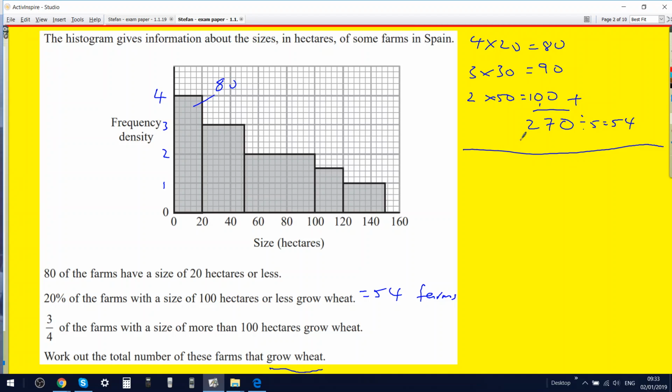And then with the size of 100 hectares. So do I now need to do the other two bars? Mm-hmm. All right, and that's 20 times 1.5, which is, I've got a calculator, 30.